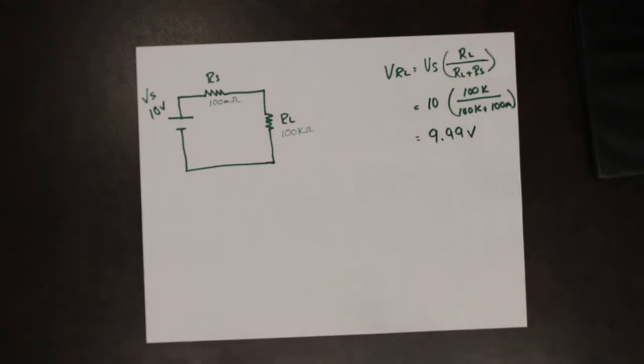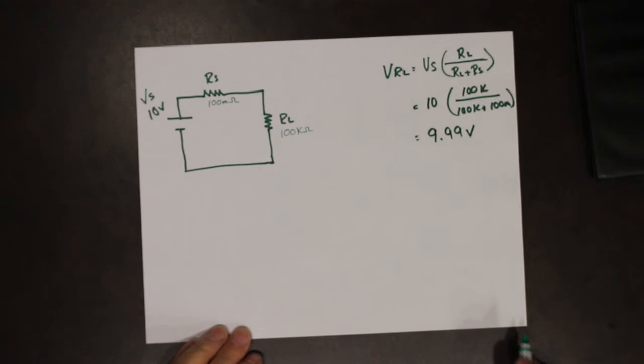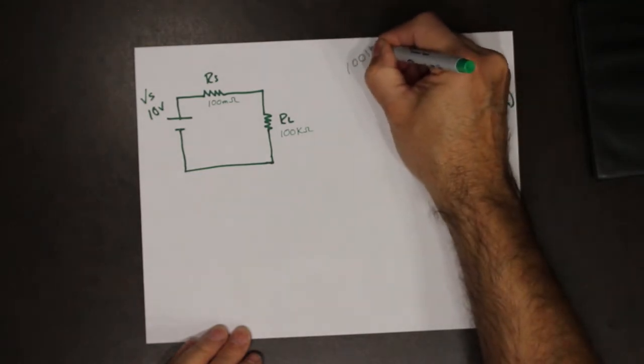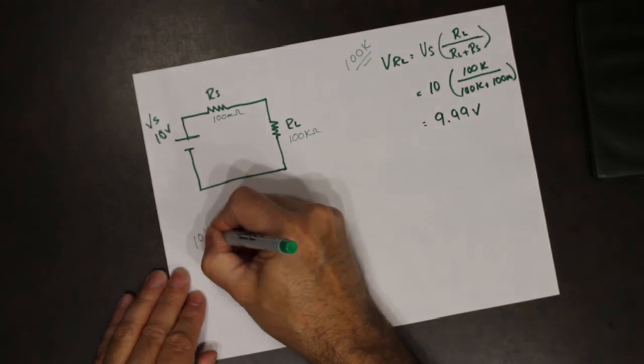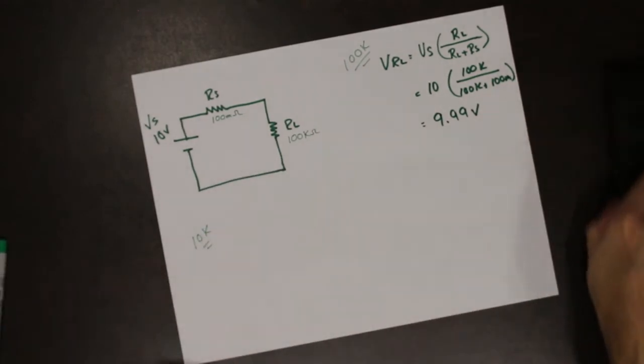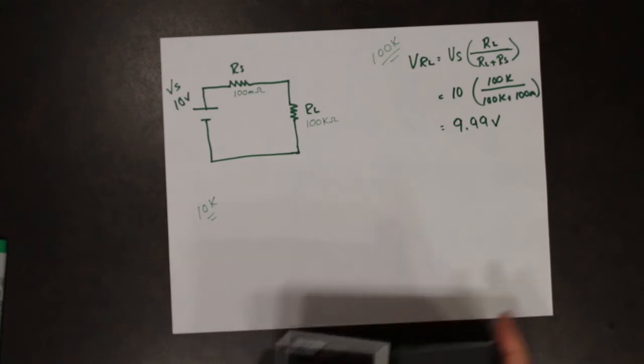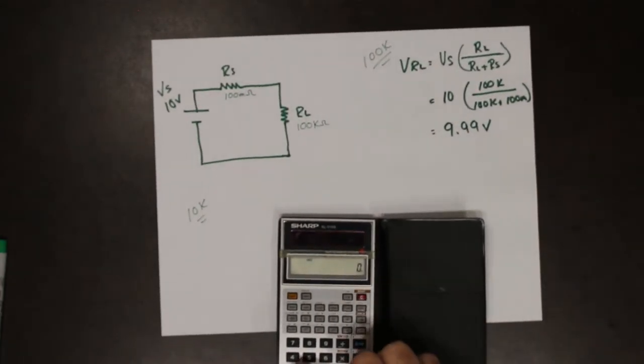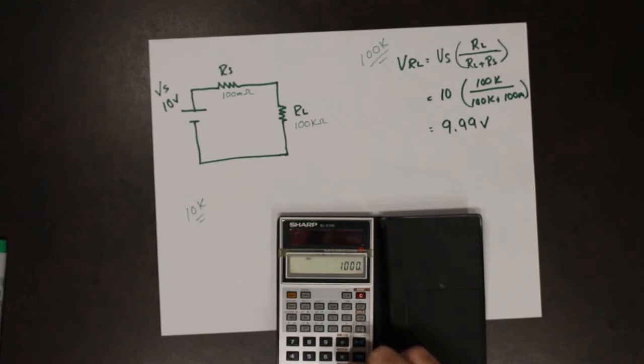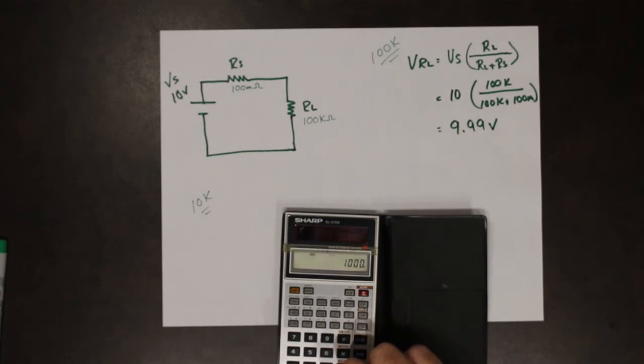So let's change the value of RL from 100K. This is the math for the 100K. Let's change it to 10K. So basically it's just going to change this math a little bit, and this becomes 10K divided by 10K plus 100 milli, times 10 volts.